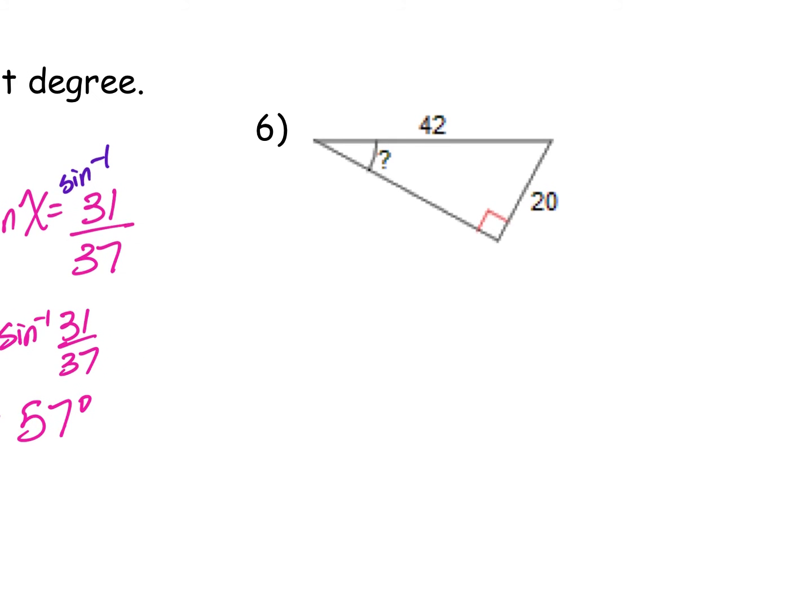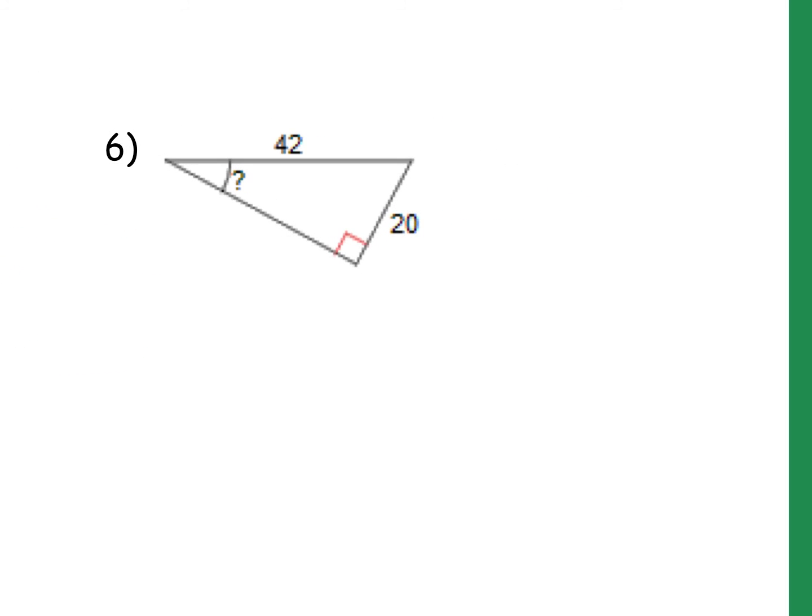And number 6, the last one I'm going to do before you guys go on your own, and then I'll come back and do them again. We're going to call this angle x. Here's the side opposite and the hypotenuse. So sine of x is going to equal 20 over 42.